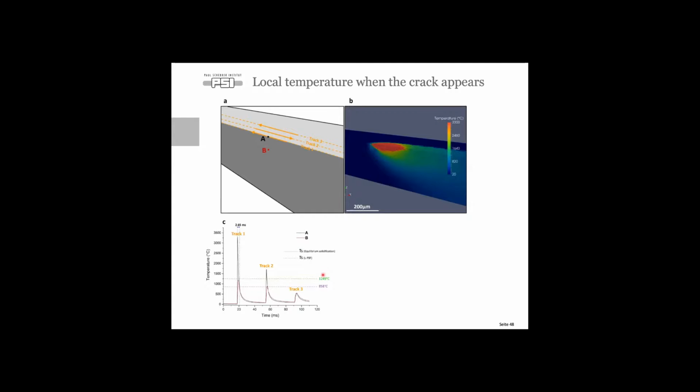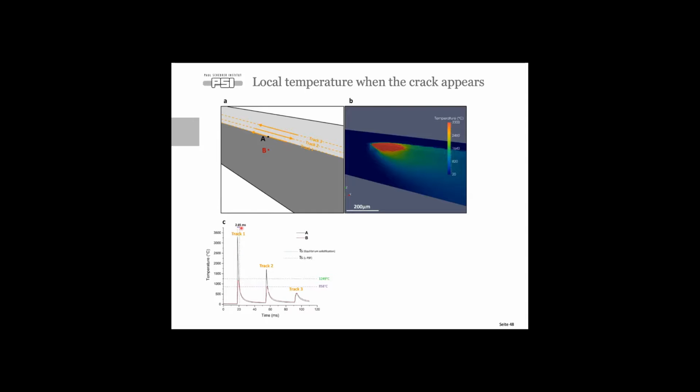Now, because of the segregation, microsegregation, it was shown in literature that you can actually change the solidus down by about 400 degrees Celsius. And then we can see that at this point B, we actually do rise above this melting point. So we can actually locally liquefy our material. And what we also notice is that the time between our laser passing and the time that it solidifies this part again is about 2.65 milliseconds.